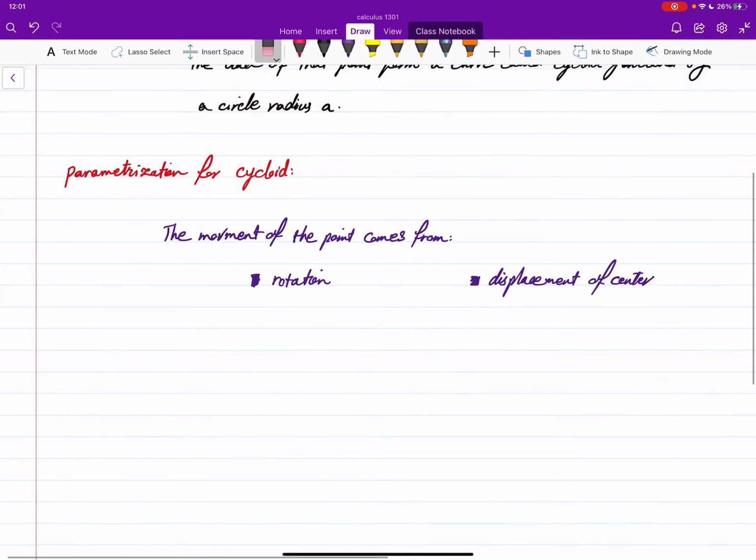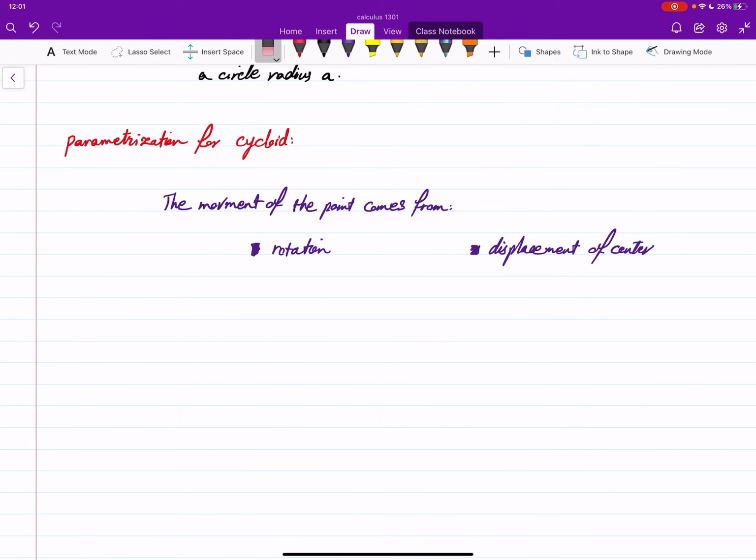For the rotation, the only thing you need to keep in mind is that at t equal to 0, this point is down there. If I put that in a coordinate system, it will look like that. And if we want to parameterize the circle by t, it starts at negative pi over 2 and goes clockwise.